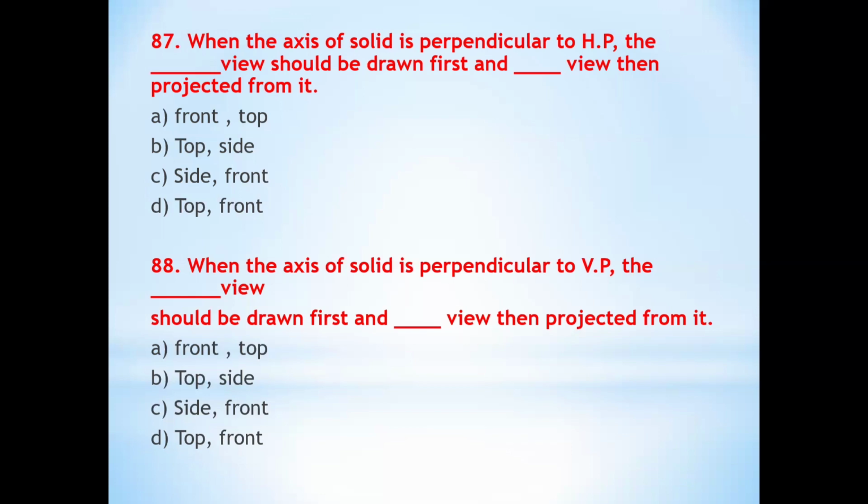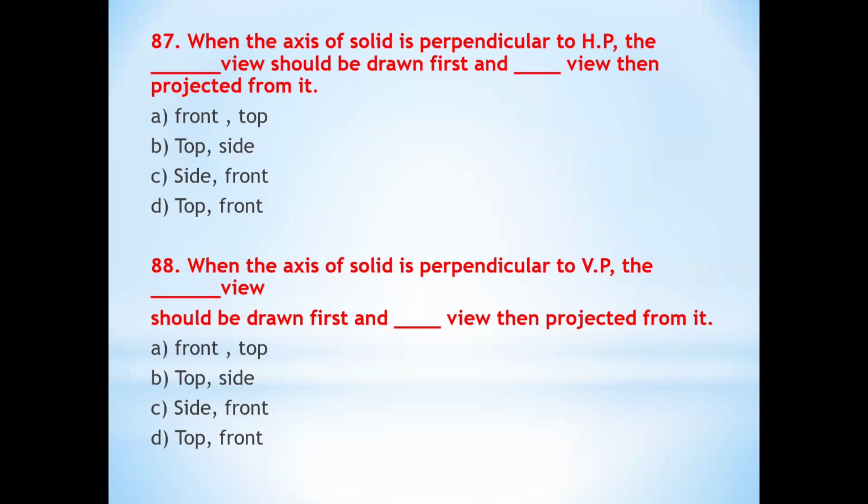and in the front view we will get a rectangle. So in this case, what do we need to draw first? Suppose the axis is perpendicular to HP, then can we draw its front view first of all? Not possible. If its axis is perpendicular to HP, then whatever top view it has, we get the circle, so first of all we need to draw its top view, that is the circle, and then we can draw its front view.